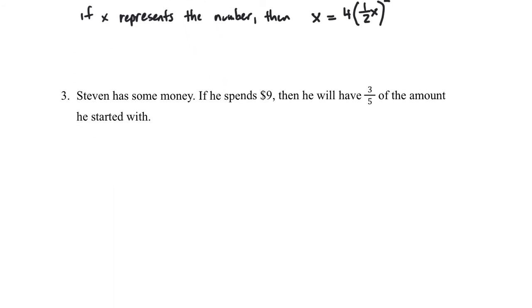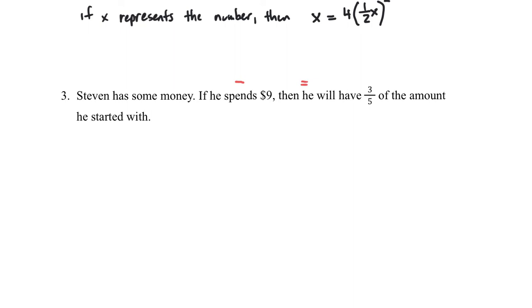Stephen has some money. If he spends $9, if you have money and you spend $9, what's happening to the amount of money that you have? That's right, it's going down. So we've got minus. Then he will have 3/5 of the amount he started with. Now notice there's no is here. If he spends $9, then he will have, this is what's going to actually end up being the equals right here, the then he will have.